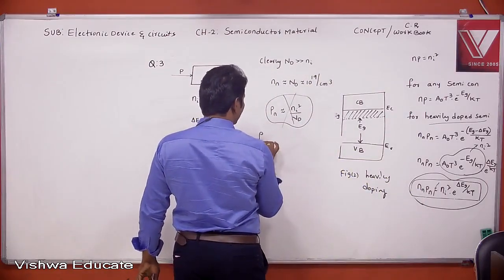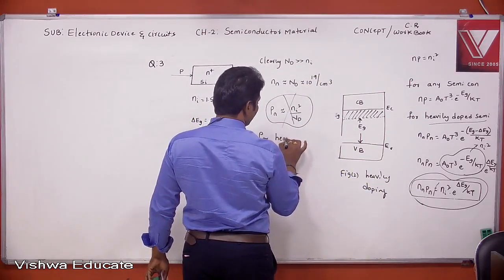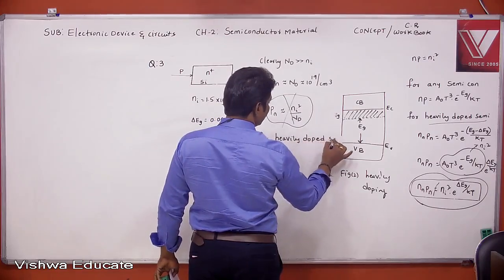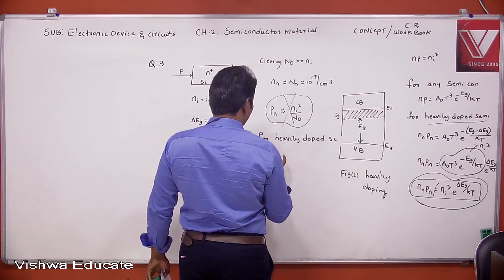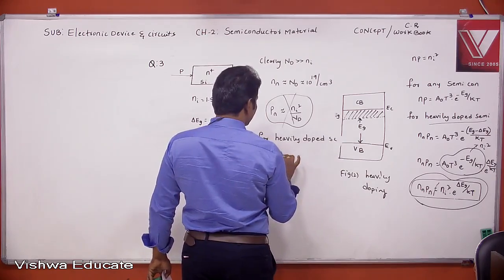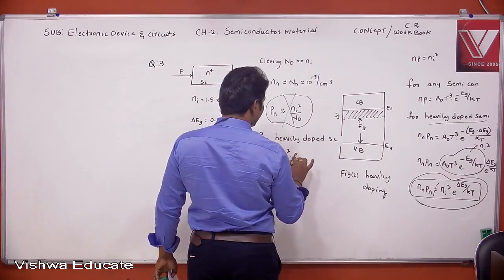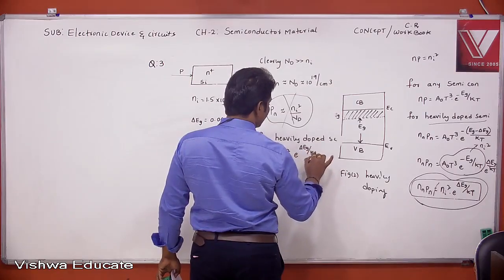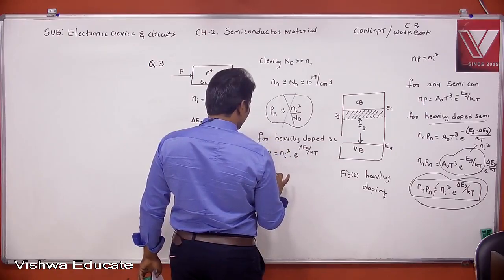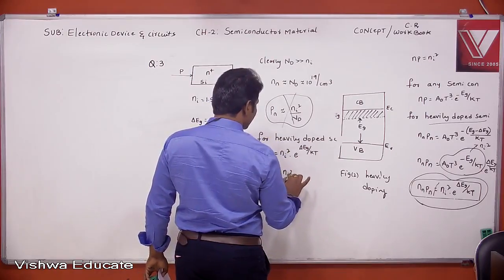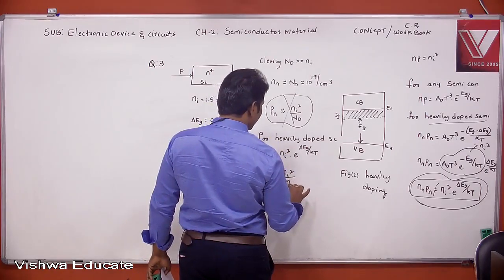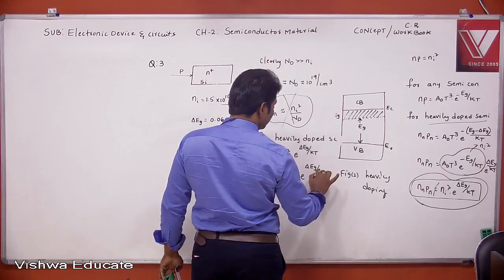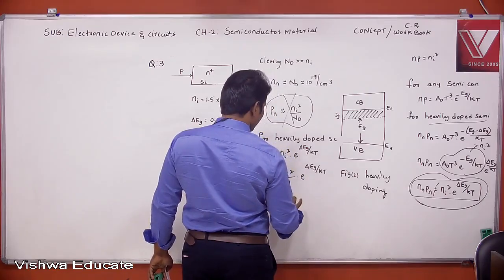For heavily doped semiconductor, Np equal to Ni square into e power delta Eg by kT. From this, the hole concentration is equal to Ni square by N into e power delta Eg by kT.